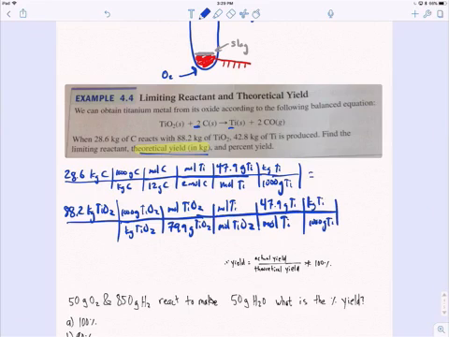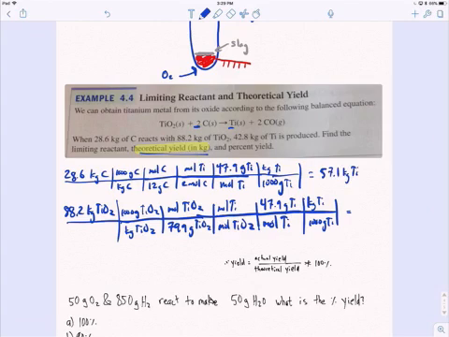Okay, so now we put this in our handy dandy calculators. 28.6, and this is 57.1 kilograms titanium.